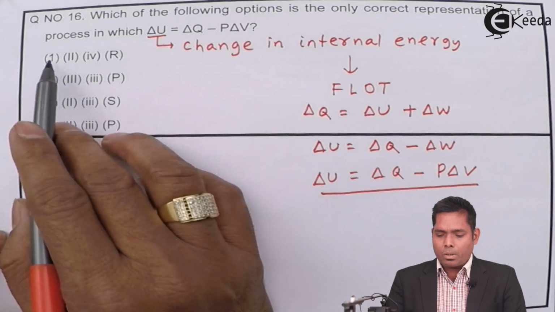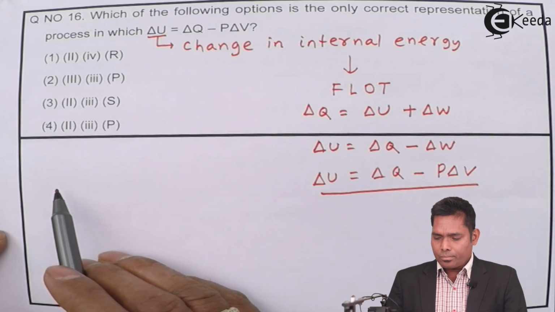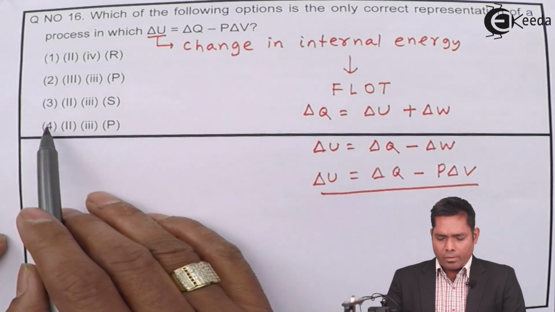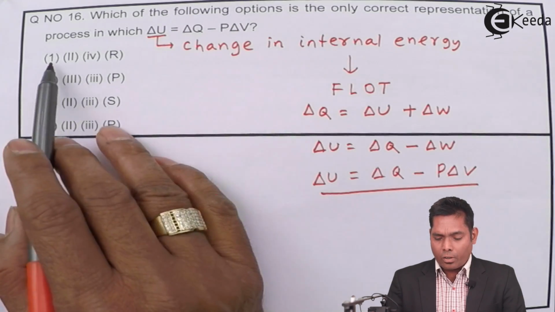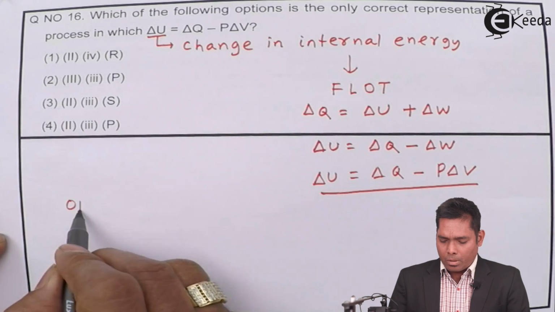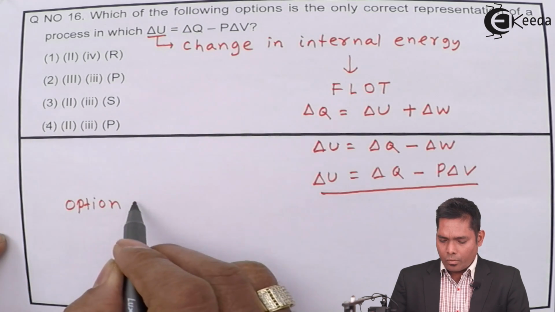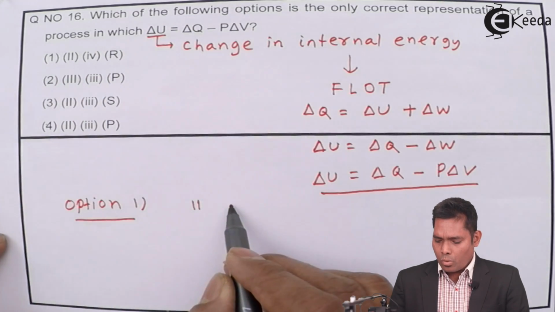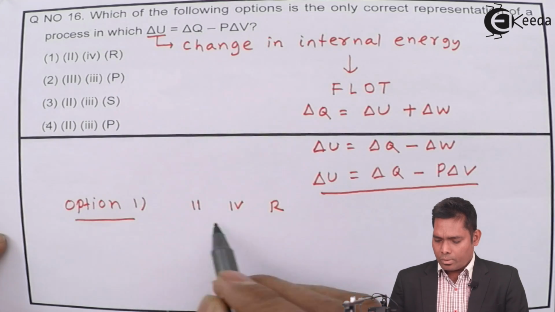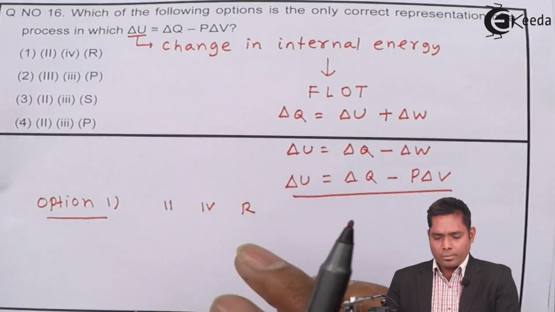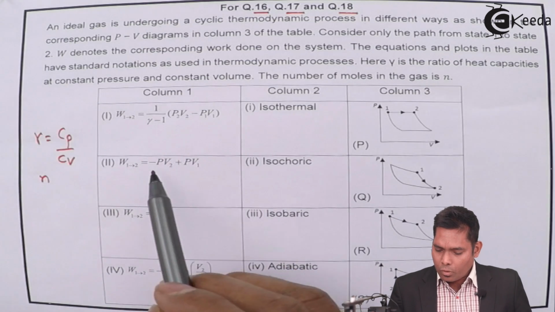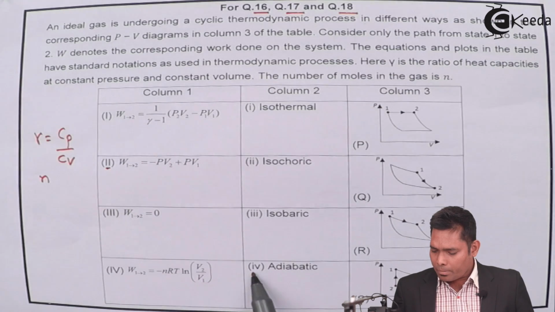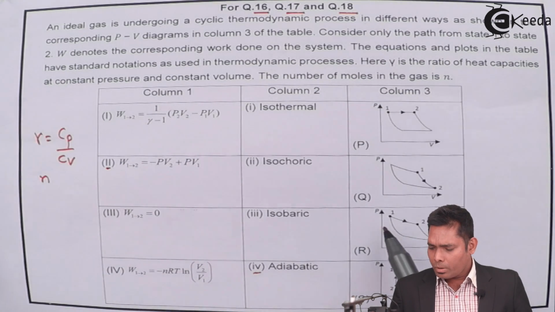Now you have to see which of the following four options is correct. So now we have to see all the options given and find out which one is correct. For option number 1, we have 2, 4, R. So we have to check 2, 4, R. What is that? 2 from column 1, which I will take, 4 from column 2, and R from column 3.